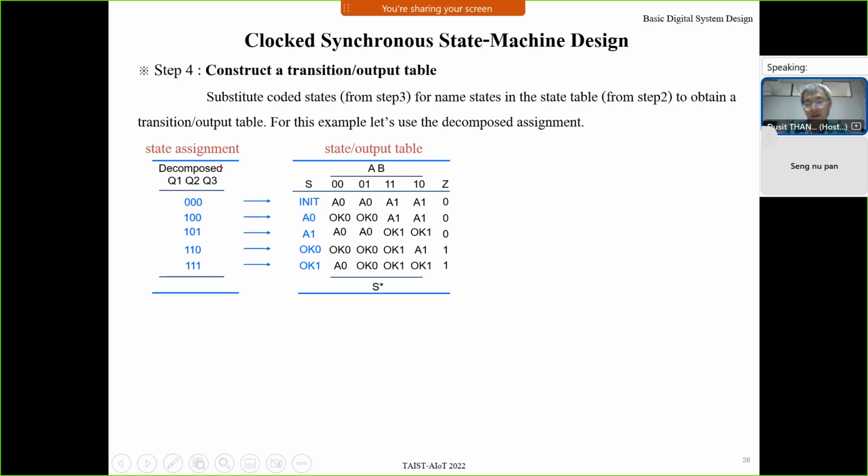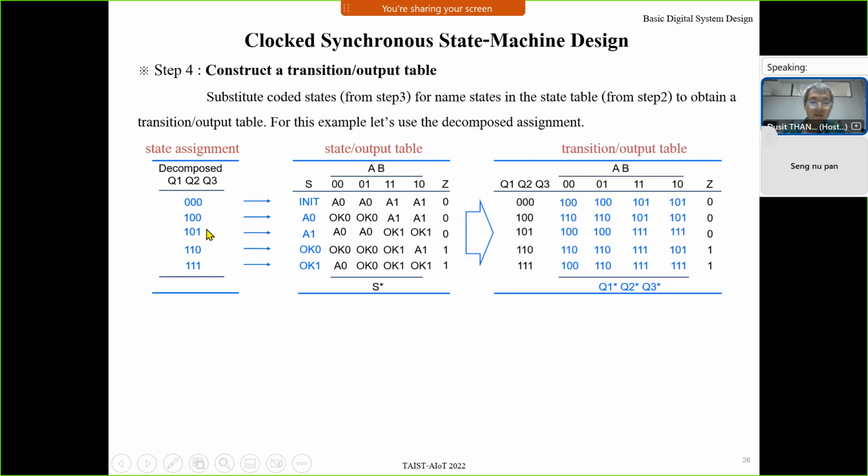Okay, this is state assignment. And after that, I replace each name of state by this binary value. So then I will get this table, right? Transition table. And in this case, there are three state variables, Q1, Q2, and Q3.